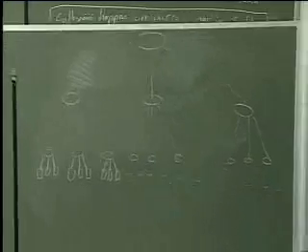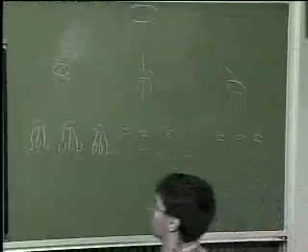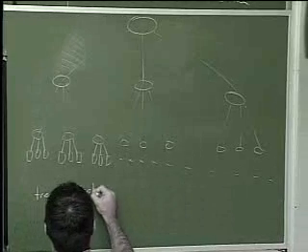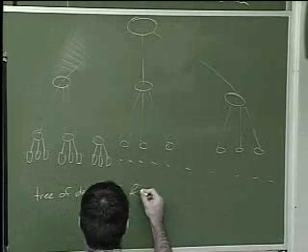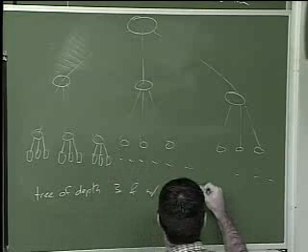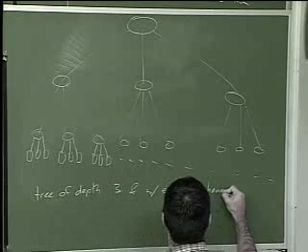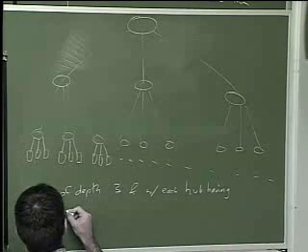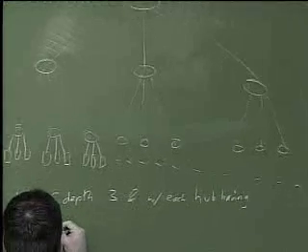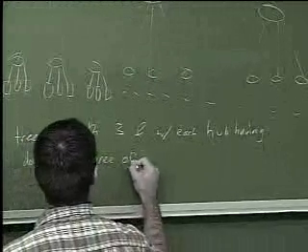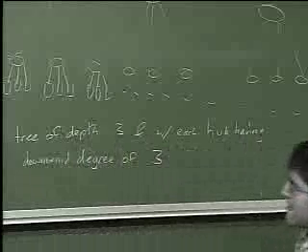So here I've drawn a tree of depth 3, with each hub having a downward degree of 3.